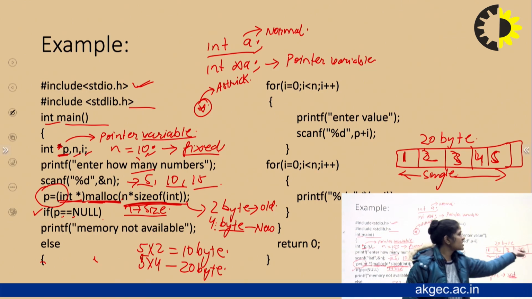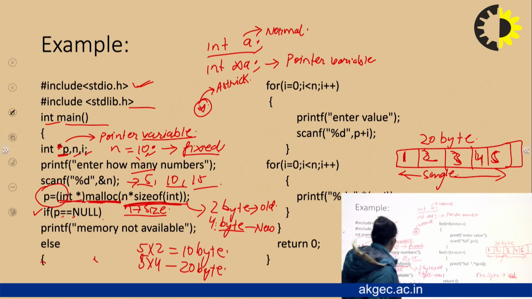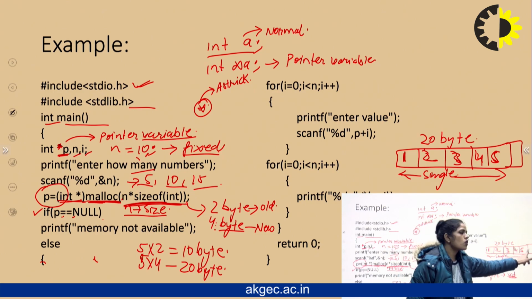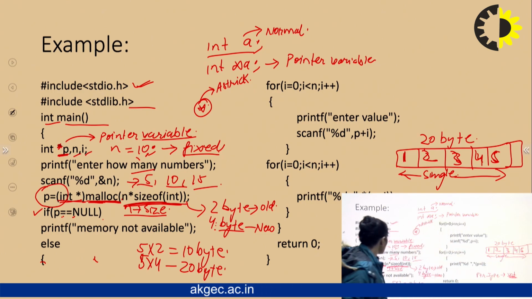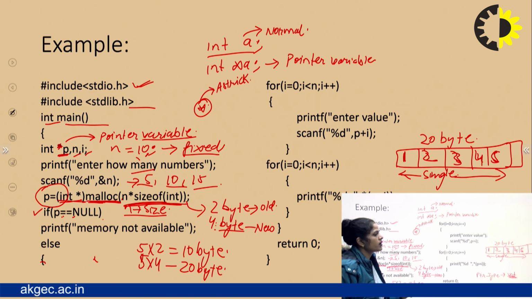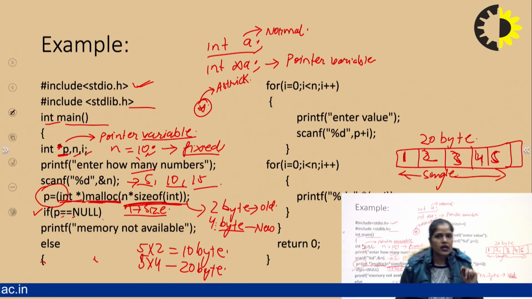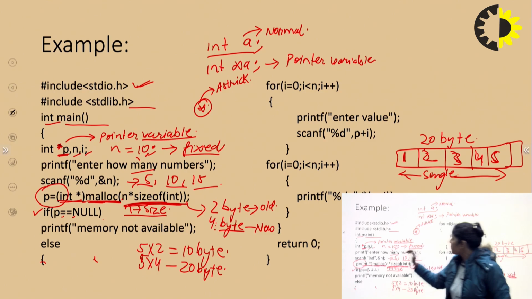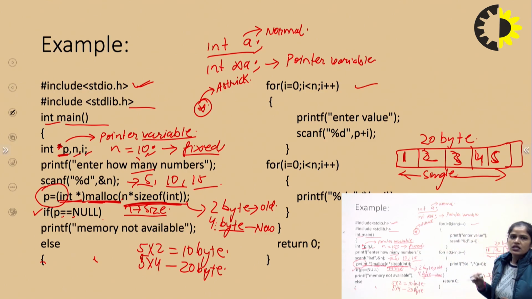If space is available, it will allocate the space in this manner. If space is not available, the program will give an instruction: the memory is not available for storing that particular variable. So this is the concept. If memory is available, then we go with this process. Here we are applying a for loop.